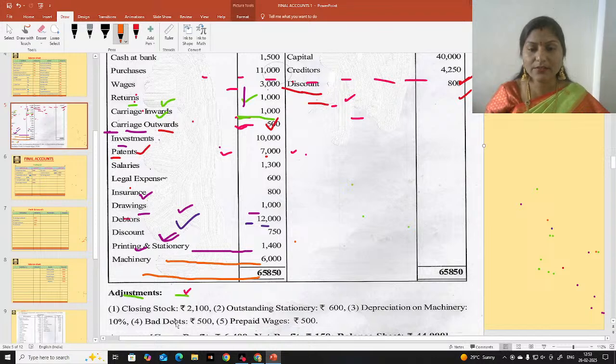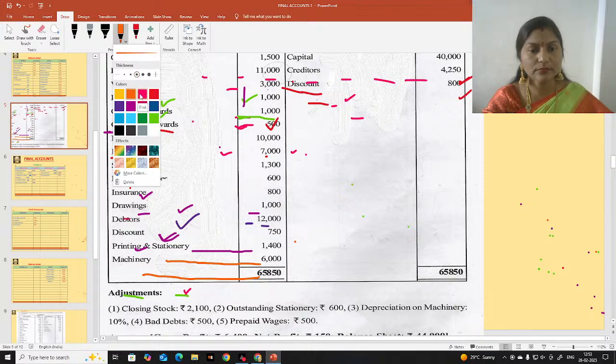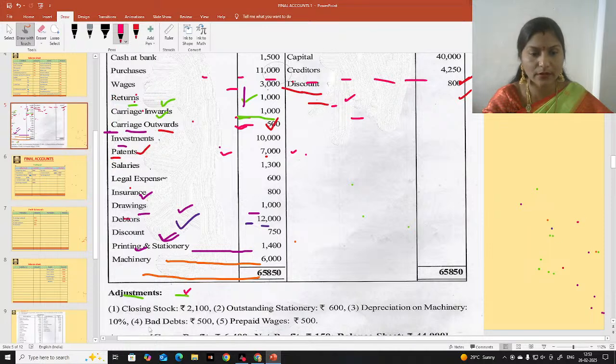Okay, so here we have bad debts here. You can see 4th adjustment. We have bad debts here. So bad debts we are going to record now along with the debtors. Here you have bad debts. You can see, students. Hope that is visible to everyone. So bad debts 500 rupees. So bad debts are related to debtors.